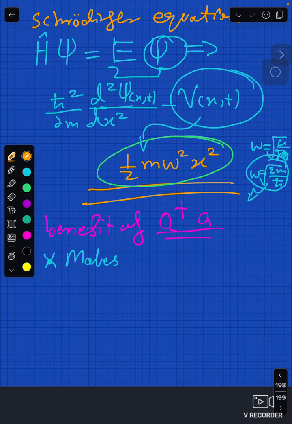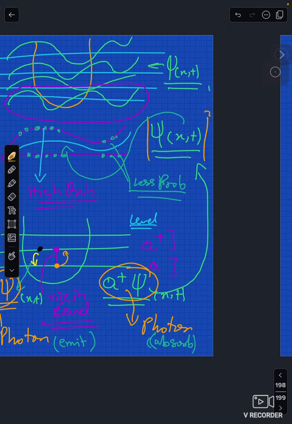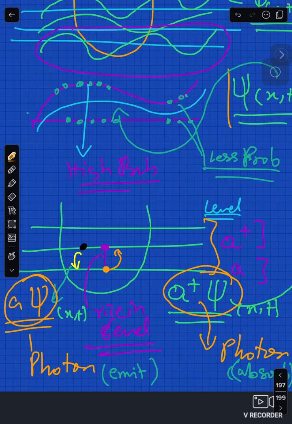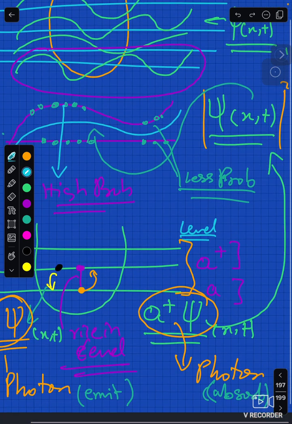If we have a dagger h, something wave function 1 2 3 4 and so on, x and t, it will give us the position of n, psi of x, the quanta, the energy level of how many quanta levels there were, 1 2 3, and so on.